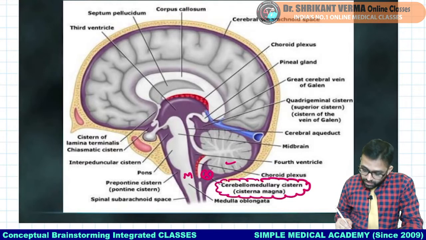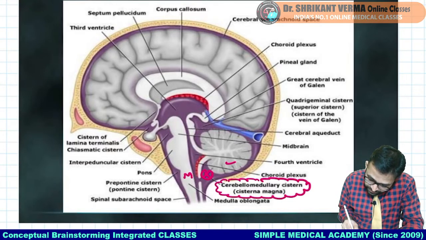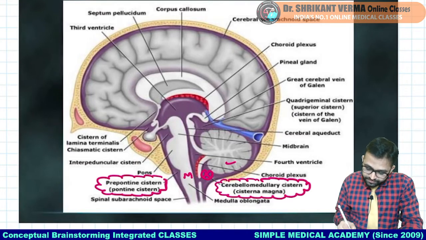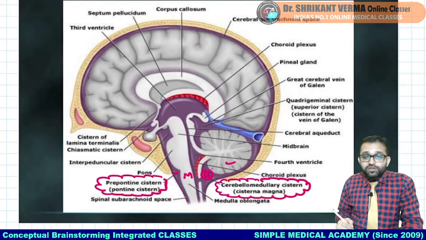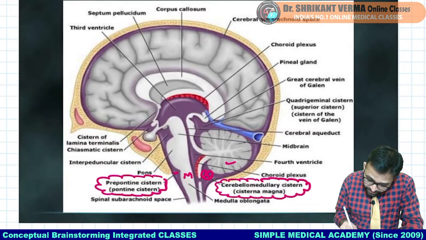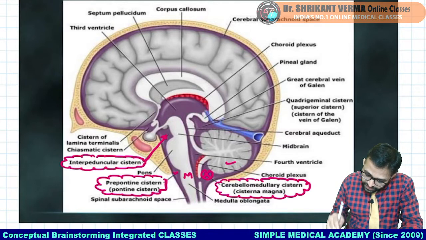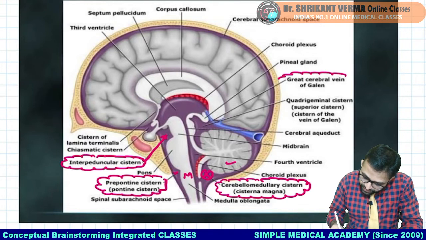Got the point? Also, you are looking at the prepontine cistern or cisterna pontis. Fine. Also, you can observe another space, the interpeduncular cistern. Fine. Here you can see the great cerebral vein of Galen.